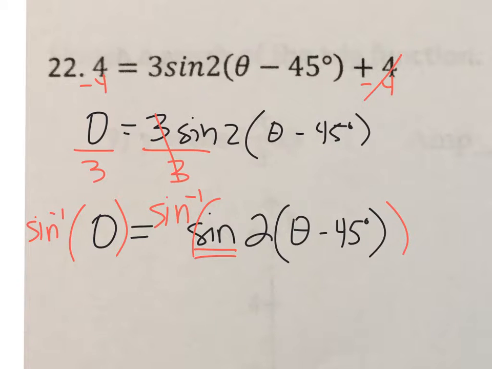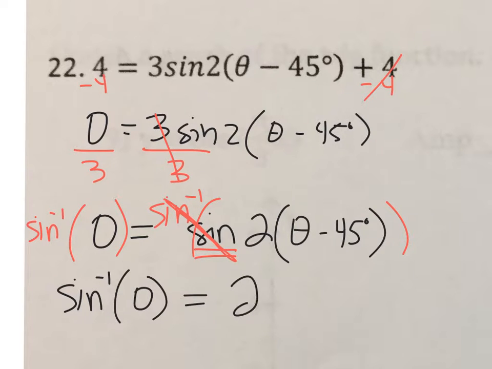We don't divide by sine, we don't subtract sine, we inverse sine, and that's how we get rid of sines or cosines or tangents or whatever the trig happens to be. You always take the inverse trig function. And now that trig is gone away, we're closer to getting our variable by itself.